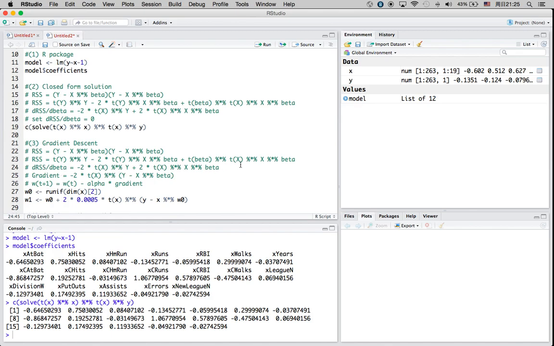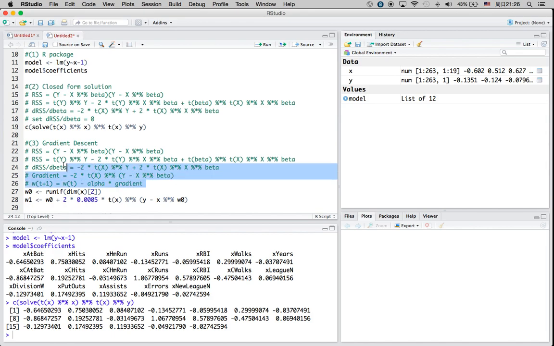This is actually the gradient of the residual sum of squares, and it will give you the direction where you will get the maximum decrease for your cost function. And then here I just bring the -2 and the x transpose outside of the multiplication.